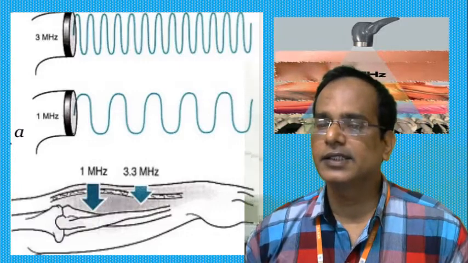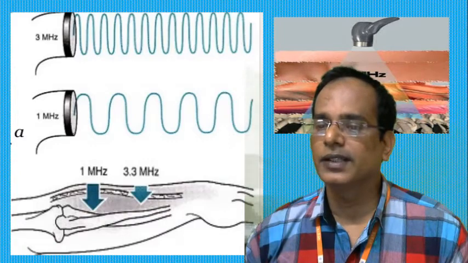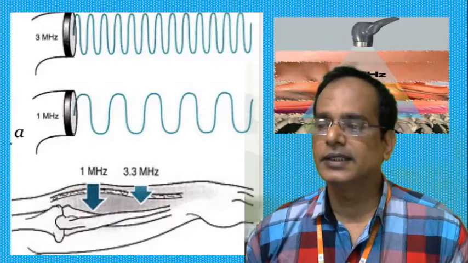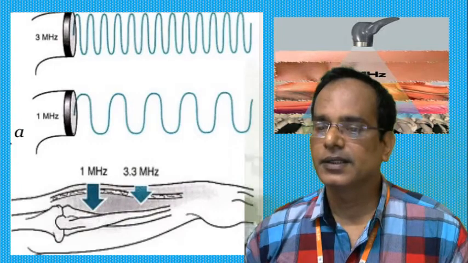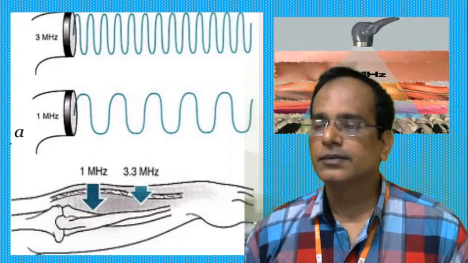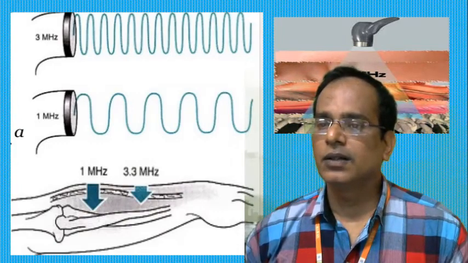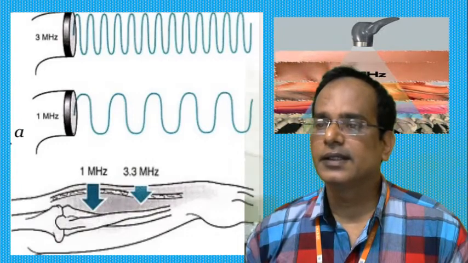If this energy is not dissipated by normal physiological response, then there is a local rise in temperature, which accounts for the thermal effects. If the heat dissipation equals generation, there is no net rise in temperature. So these are the normal thermal effects.